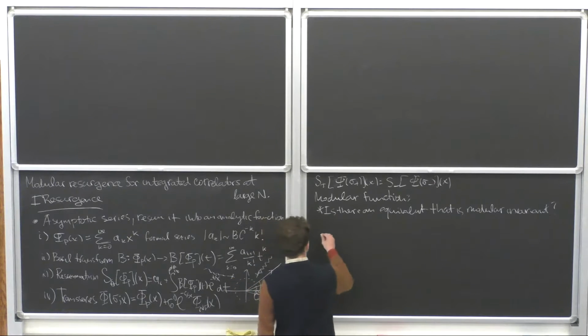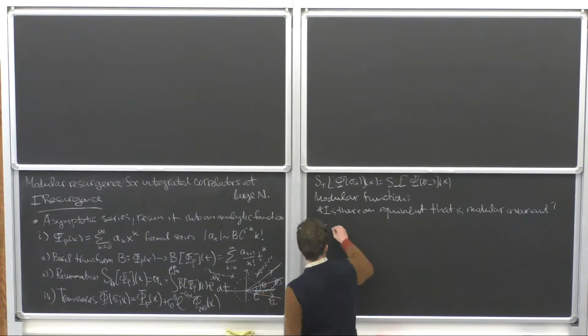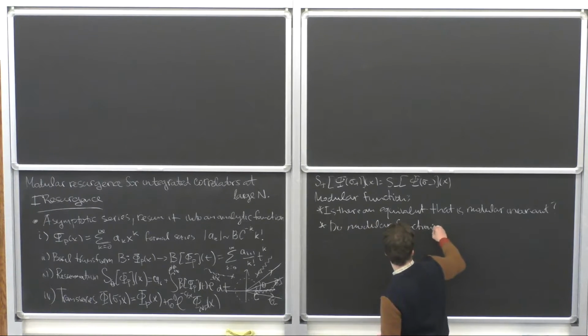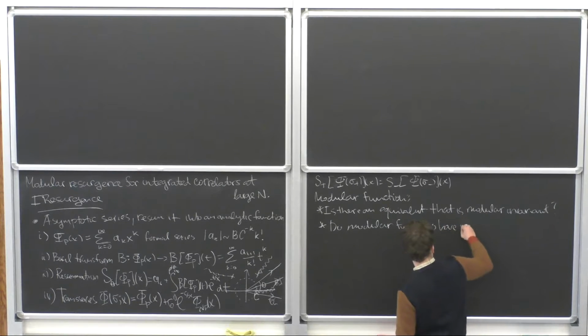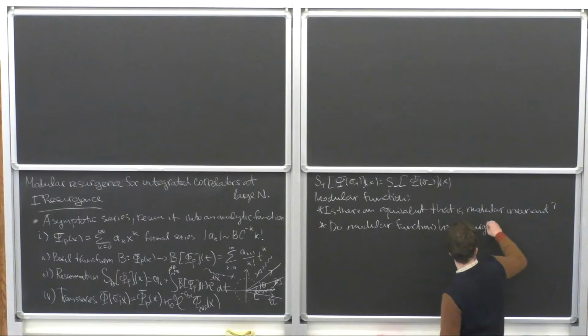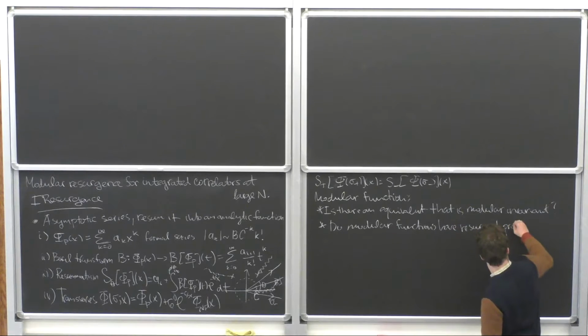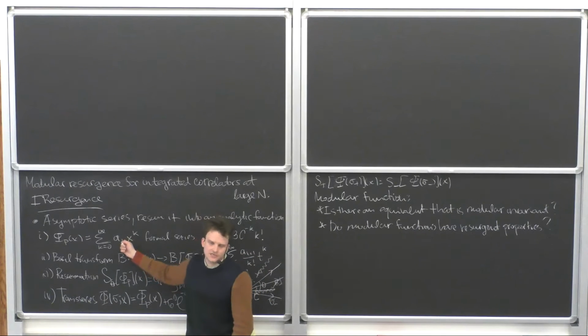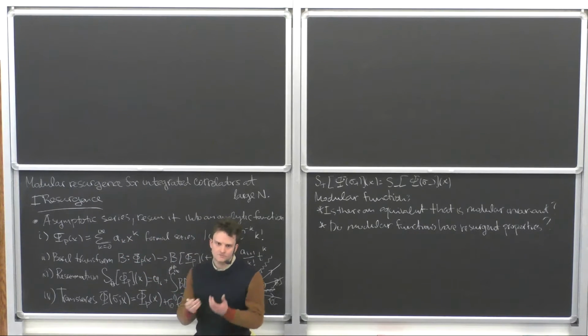Another question one can ask is, do modular functions have resurgent properties? By this I mean, if I take some random series and just generate some coefficients which have this growth, I'll get some function.